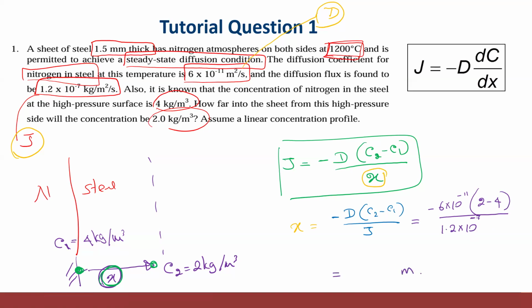So what do we get? Yes, so 0.001. That means 1 millimeter, isn't it? Do you all get 1 millimeter? Anyone got anything else?